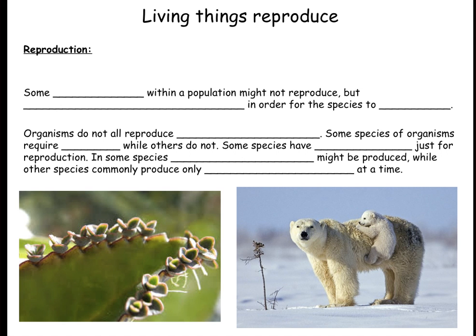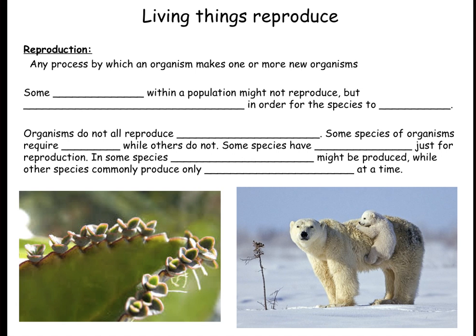For example, if I were to ask you to reproduce a skit you performed yesterday, or reproduce your notes, what would I be asking you? I'd be asking you to provide a new version or a new copy. So, in biology, the meaning is similar. To reproduce refers to any process by which an organism makes one or more new organisms.